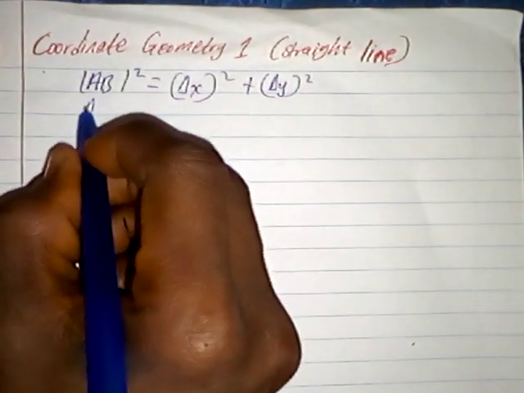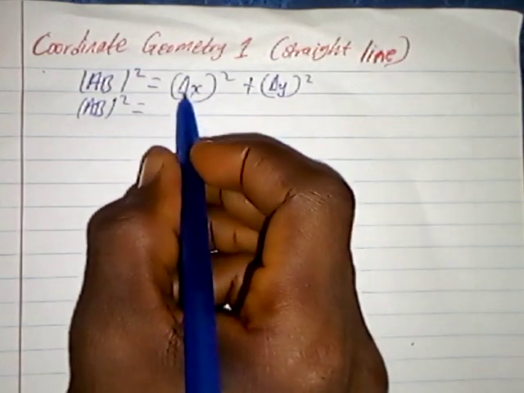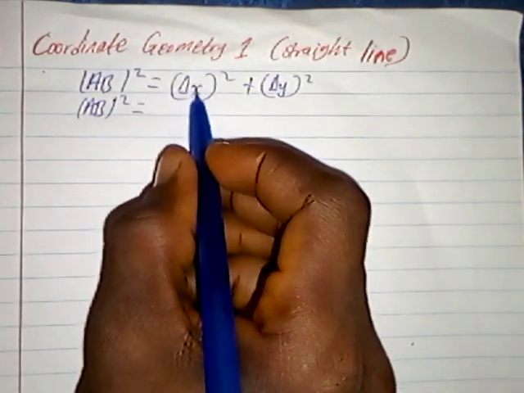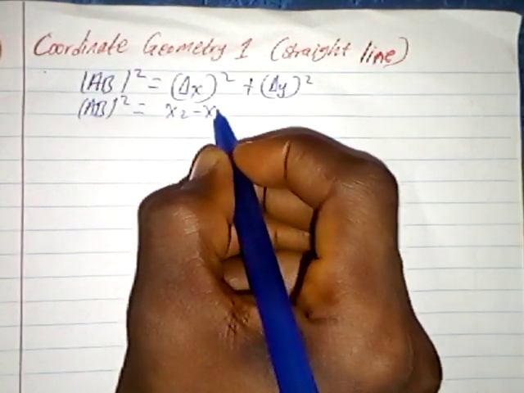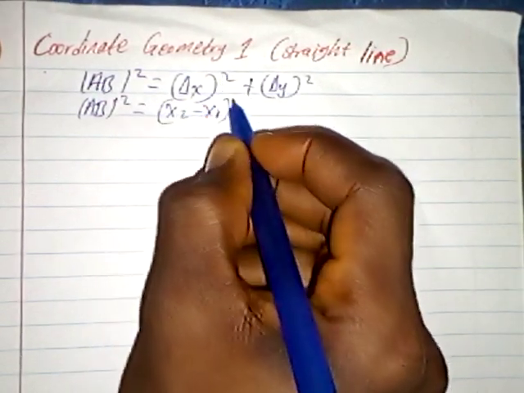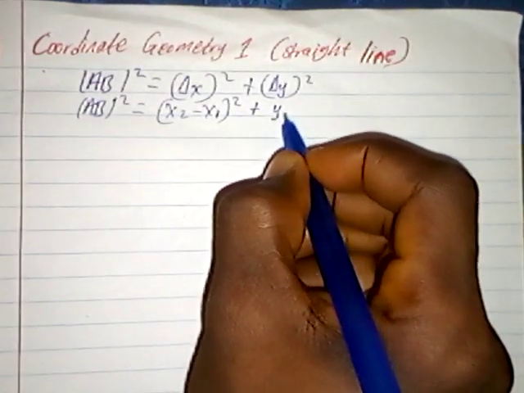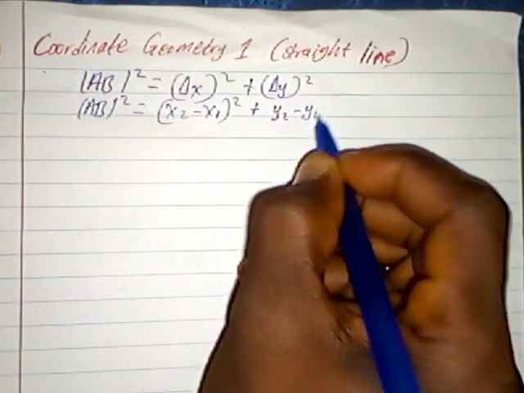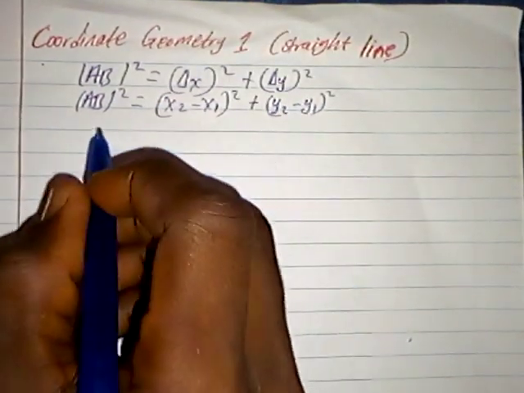Now, line AB squared, what is change in x? Change in x means x2 minus x1. So (x2 minus x1), do you see it has a square, right? Plus change in y, which is (y2 minus y1), all bracket squared. Do you see? Take note.